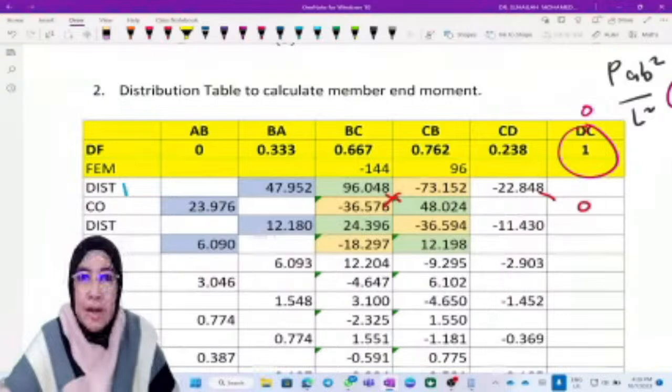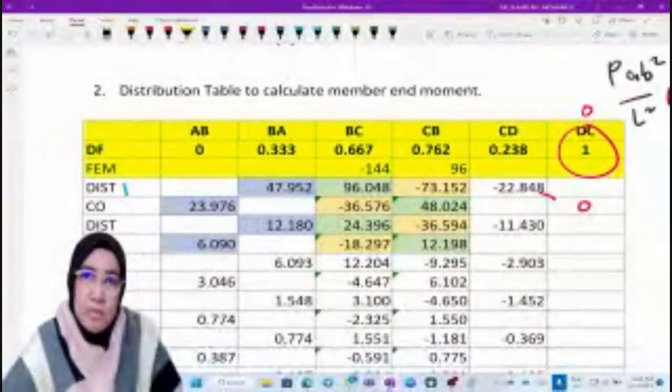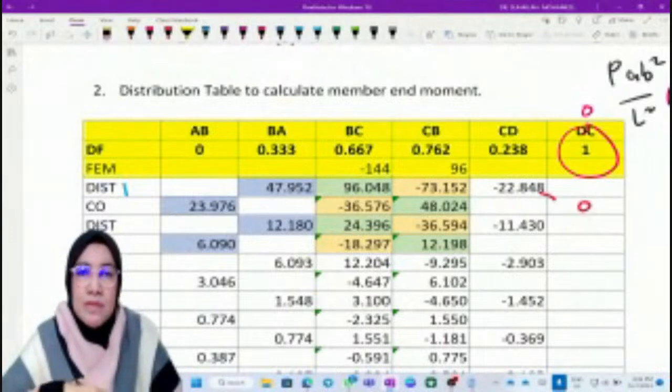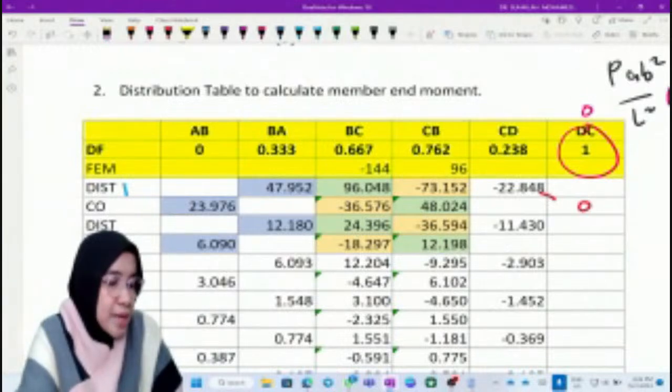So we get 36.5 and 48.02 because we repeat the process again. So when we want to repeat the distribution process, we always refer to the previous value.